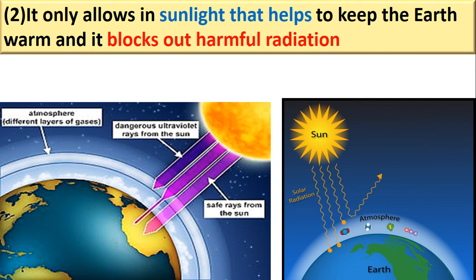What is the meaning of radiation? Radiation means the light of the sun or the sunlight. So it allows the sunlight which helps to keep the earth warm and blocks out the harmful sunlight.